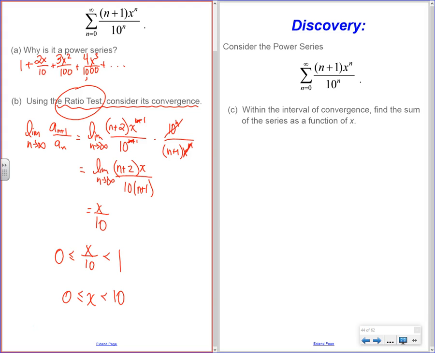This is a Taylor series of something, centered at 0, true? How can we figure out what it's a Taylor series of? Well, the x over 10 could be geometric, but the n plus 1 says it's not geometric. This is one where we're trying to match it to a function.